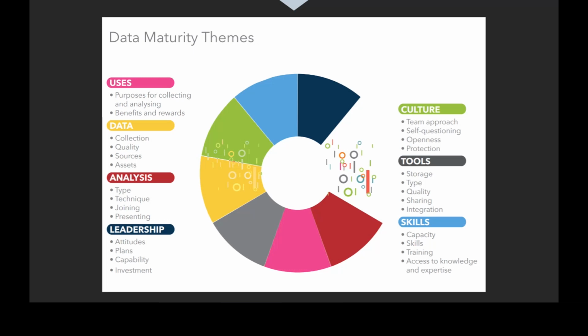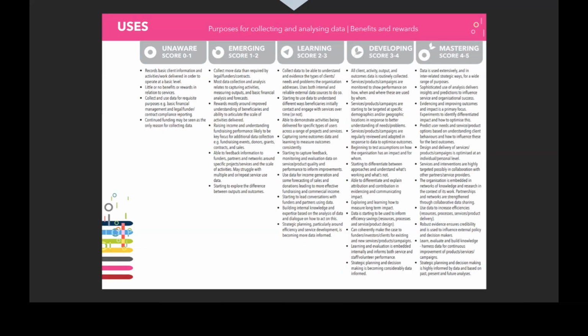If you go to the next slide, this breaks down one of the areas, uses, which we'll talk a wee bit about, giving you good granular information to hang a hat on when you do your assessment. So you can turn around and look at it and go, well, we scored between 1 and 2 across the organisation. Does this represent where we sit?